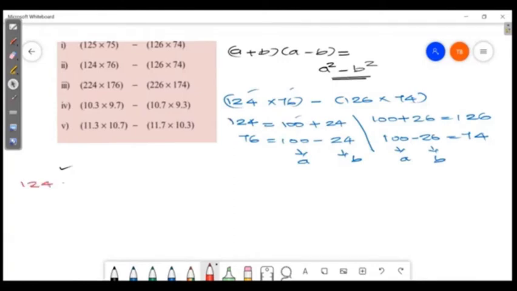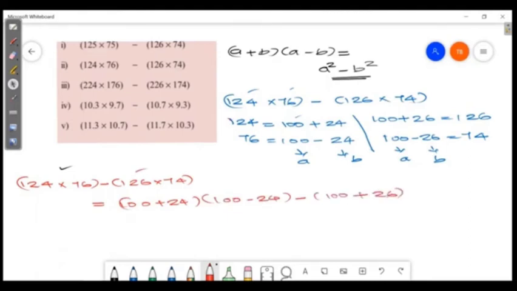That is 124 into 76 is equal to (100 plus 24) into (100 minus 24) and 126 into 74 is (100 plus 26) and (100 minus 26). So we can substitute that in that expression. So the expression becomes (100 plus 24) into (100 minus 24) minus of (100 plus 26) into (100 minus 26).